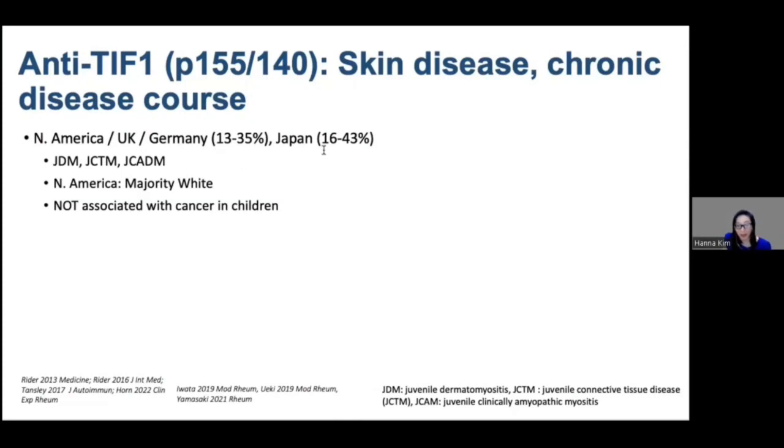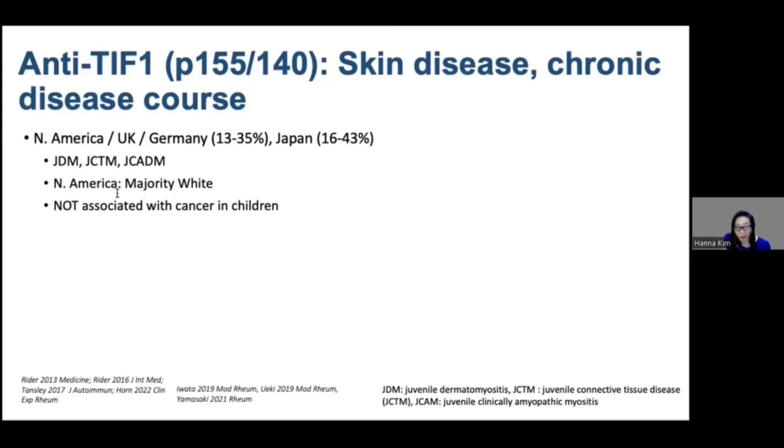In Japanese cohorts, it was present in 16 to 43%. This includes patients with juvenile dermatomyositis, meaning with skin rash, juvenile connective tissue disease myositis or overlap myositis, and juvenile clinically amyopathic dermatomyositis, meaning they have the skin features, but the muscle features are very subtle or hard to detect.